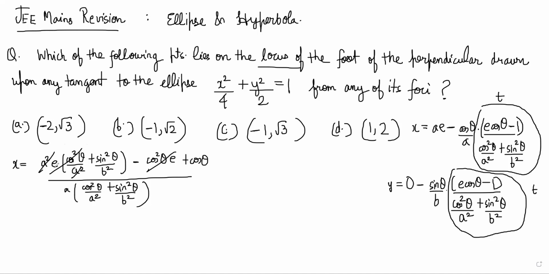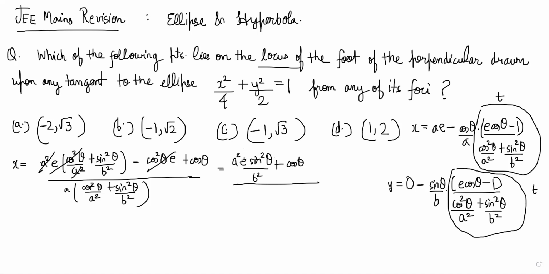On top you get e sin square theta by b square plus cos theta. Wait, not e, you get a square e into this, so a square e by b square sin square theta plus cos theta.